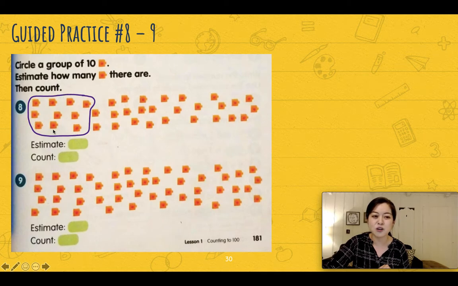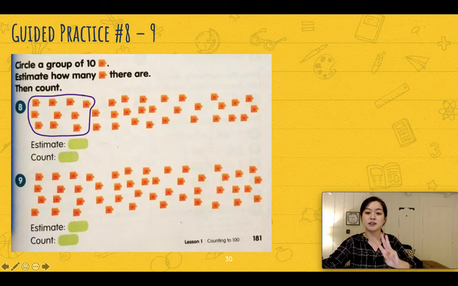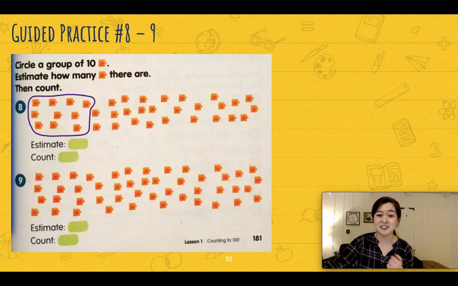So there's 3 circles, right? So I'm going to count by 10 3 times, okay? So let's see, 10, 20, 30, and then half of that. Maybe 35? I don't know.